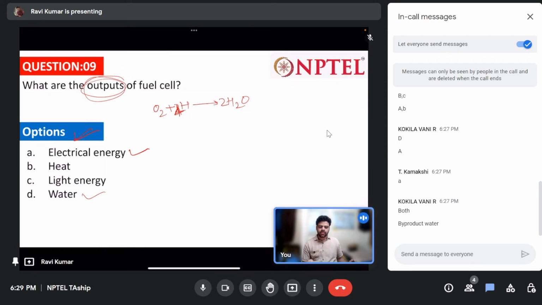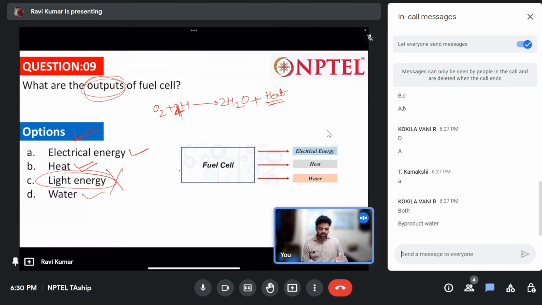Will there be some kind of heat? Yes, it will be. Here, along with this water, there will be some heat as well. So option B is also correct. But light energy, no. No light.